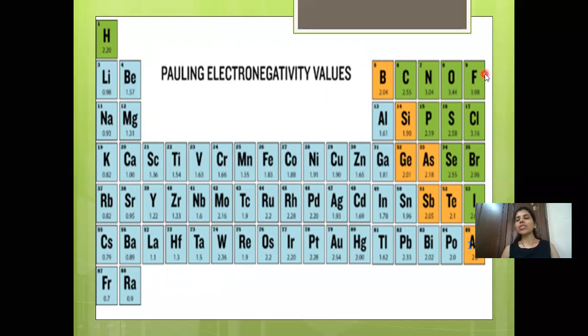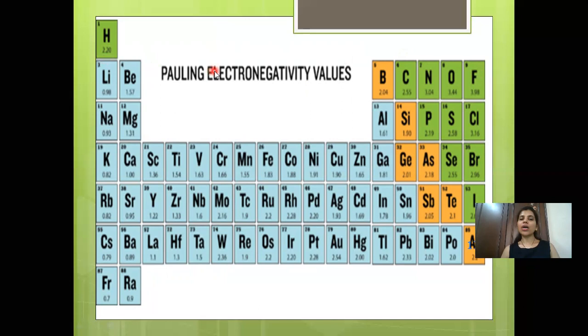We are not going to consider noble gases in electron affinity as well as in electronegativity. The reason is they are not participating in chemical reactions. So we are not going to talk about electronegativity and electron affinity in both cases. So for them it is zero. Both electronegativity and electron affinity are zero for noble gases.